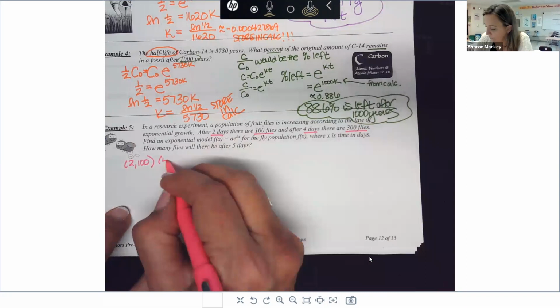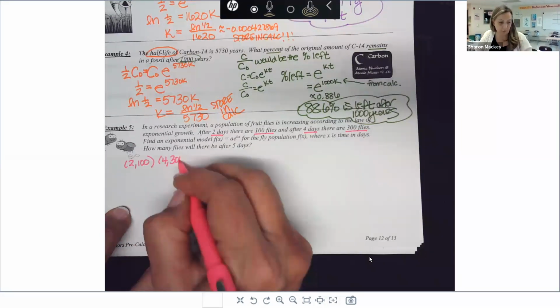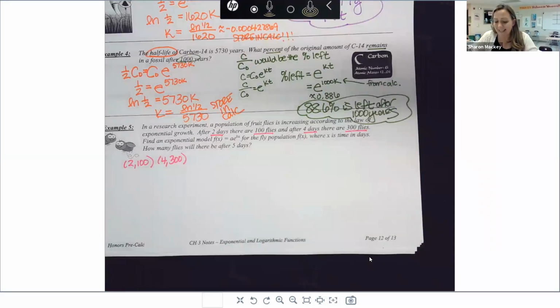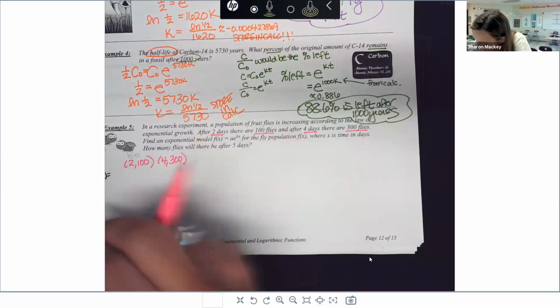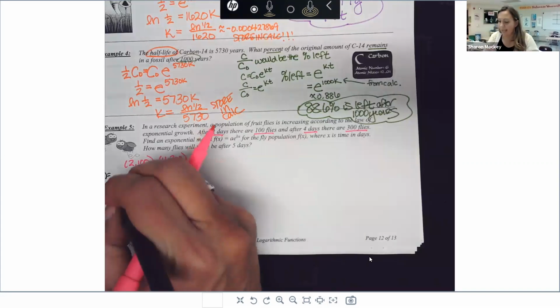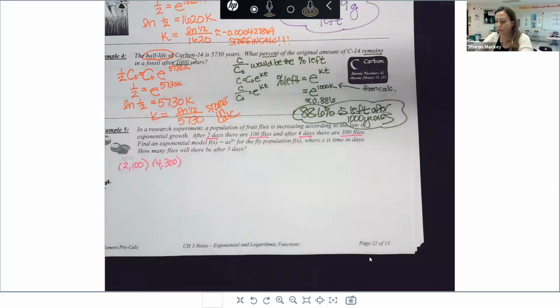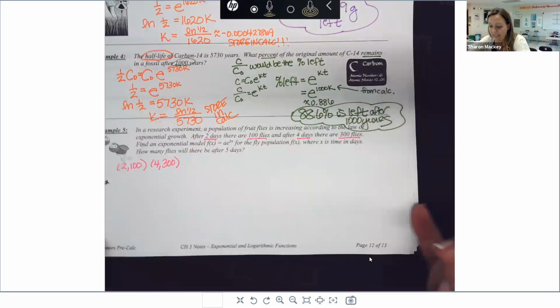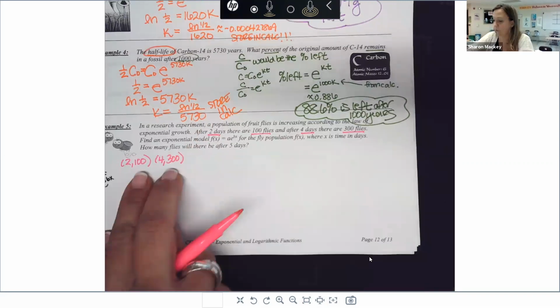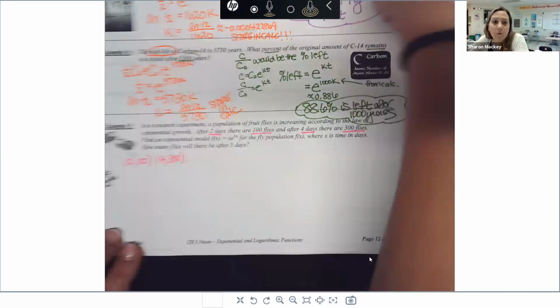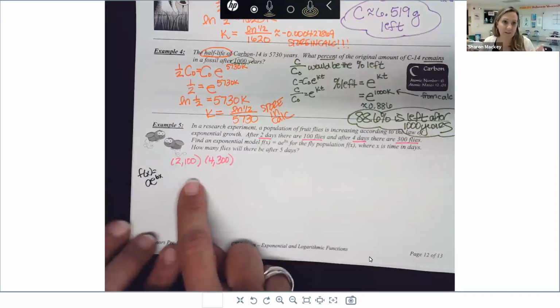So we would have (4, 300) as another ordered pair. And they gave us this function, f of x equals a times e to the bx. And we aren't sure what a is, we're not sure what b is, but when we have these 2 points, then we can figure out what that is.